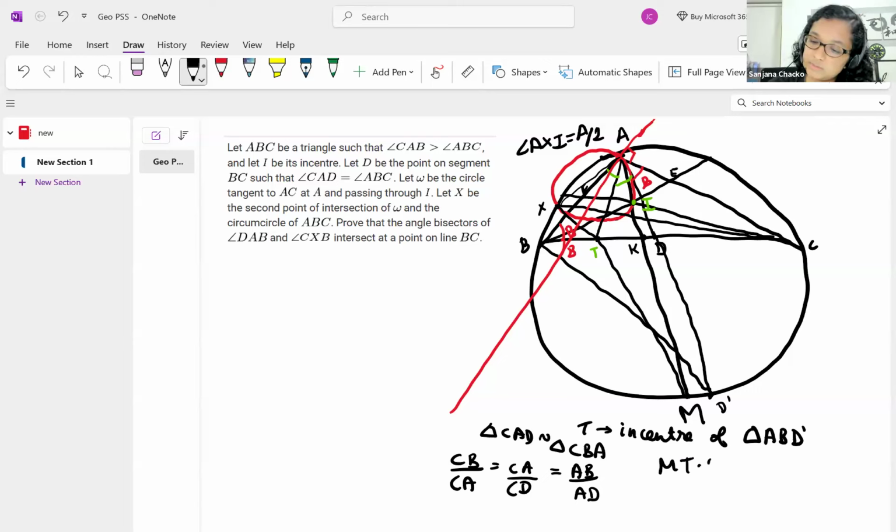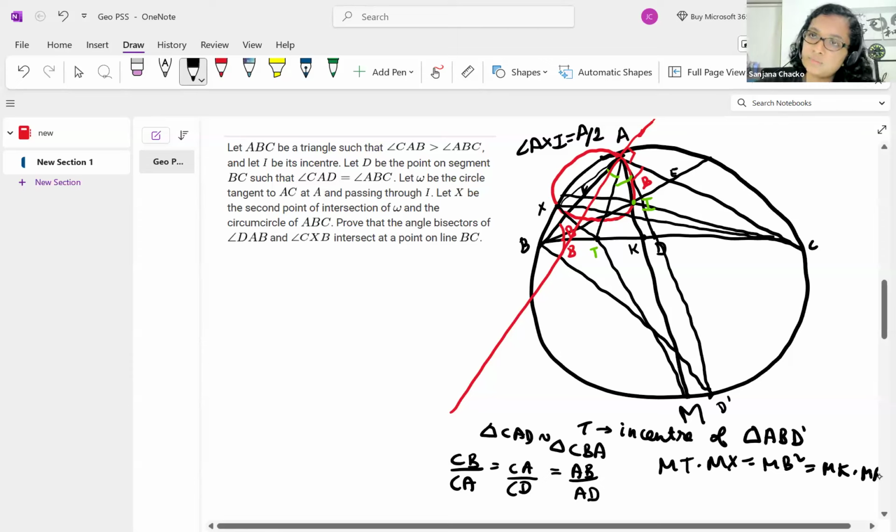I'll just write it: MT times MX is equal to MB squared, and it's equal to MK times MA. So we know that it's cyclic, so we know the angle AXT should be equal to this angle, which is A by 2 plus B.